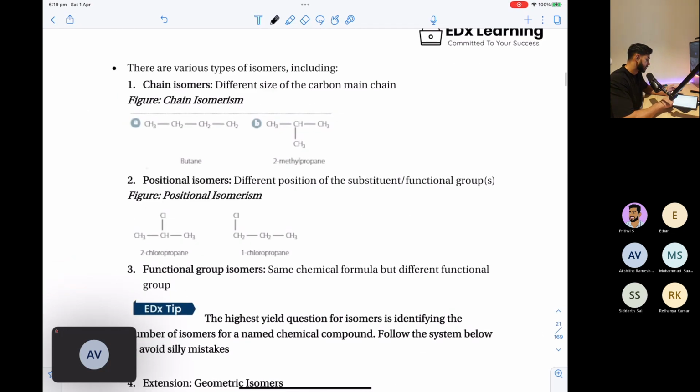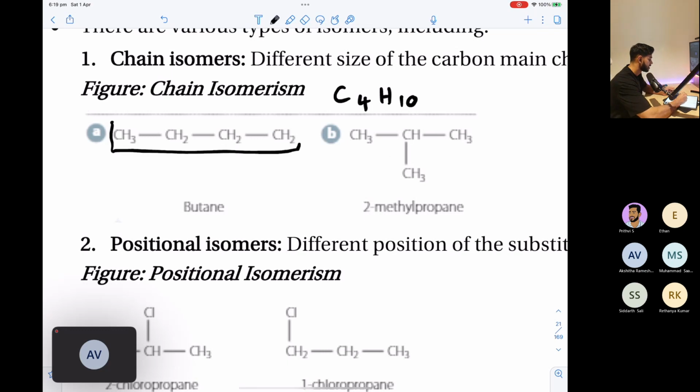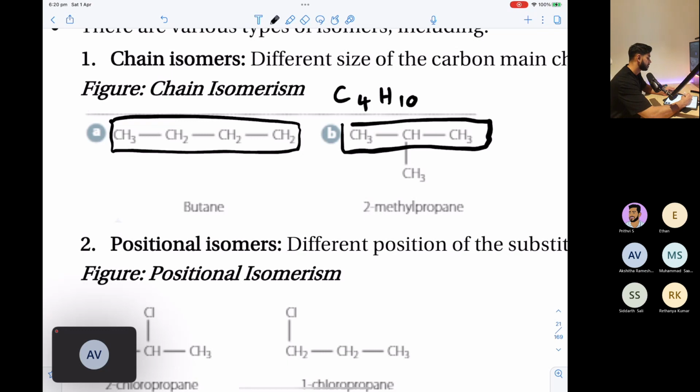This is pretty much what I just drew. When you have the chemical formula C4H10, there are two different chain isomers you can have. You can have a main chain made out of 4 carbons, or a main chain made out of 3 carbons with an alkyl group in the middle. Don't worry about the alkyl group in the middle. The fact that options A and B have different main chains makes them chain isomers.